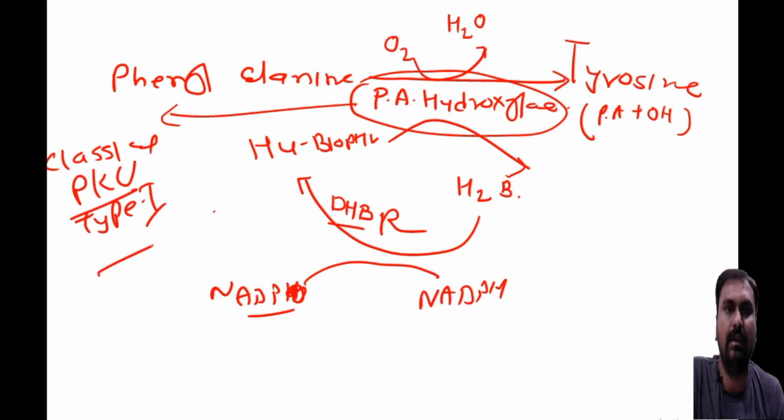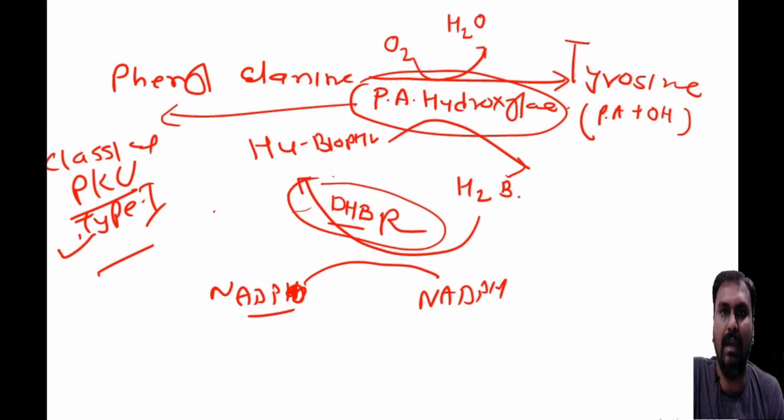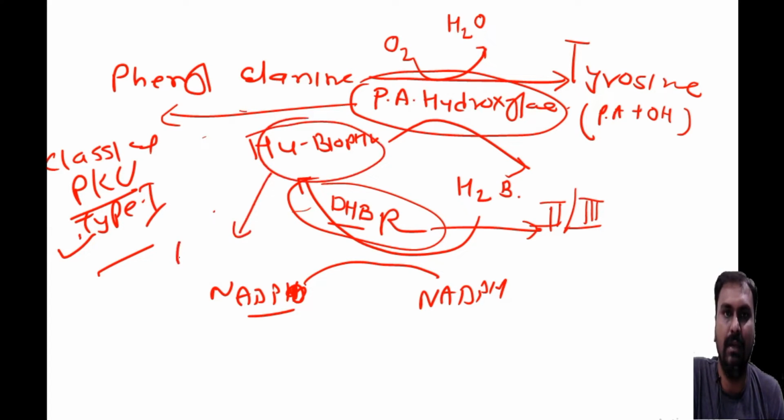Symptoms and diagnosis we will see later. If dihydrobiopterin reductase is deficient, it leads to non-classical phenylketonuria, type 2 or type 3. If biopterin is not synthesized properly, it leads to type 4 and type 5 phenylketonuria.